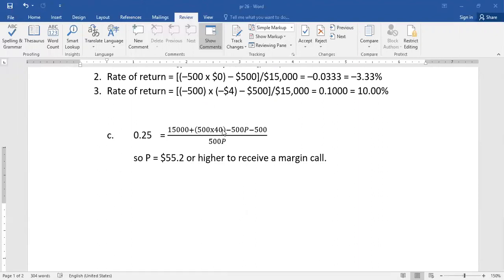I have my proceeds from the sale, from the initial shorting of the stocks, which is 500 stocks at $40 per share. Okay, and I have minus QP, the number of shares, which is 500, times the price. And I subtract from that the $500 in dividend. And I keep my denominator as is, which is QP. And my maintenance margin is still 25%.